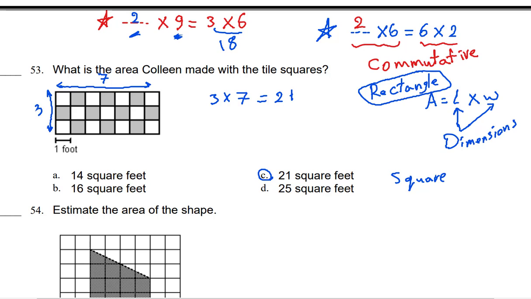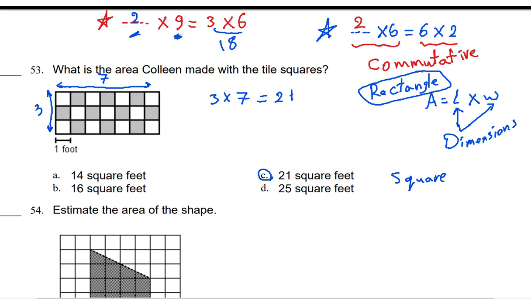Ahmed, you can explain it another way. The rectangle sometimes has 3 here and 7 here. But the square, when it has 3 here, for example 3 square feet, has 3 square feet here too. If it is 5 or 4 or 7, it's a rectangle.